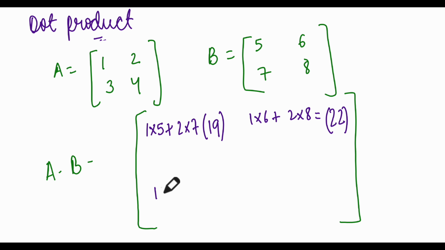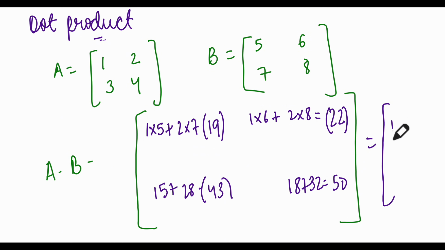Now it will become 15 plus 28, so it will become 43, and 18 plus 32 will become 50. So the resultant matrix will be 19 22 43 and 50 if you multiply these two matrices together.